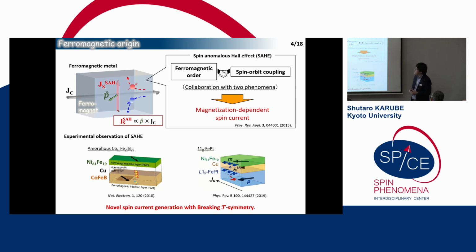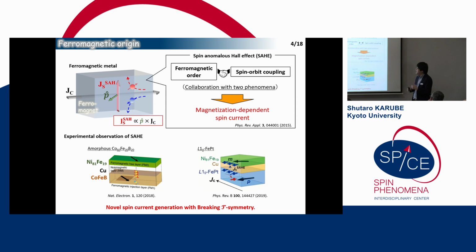As for the ferromagnetic origin, there is a spin anomalous Hall effect. This effect originates from the collaboration of two phenomena, the ferromagnetic order and the spin-orbit coupling. As a result, we can get a magnetization-dependent spin current, as shown here. Importantly, in this effect, we are now free from the orthogonal relationship like the spin Hall effect.